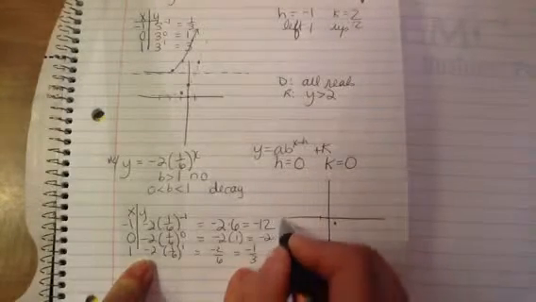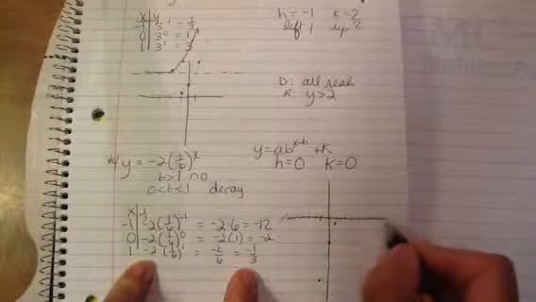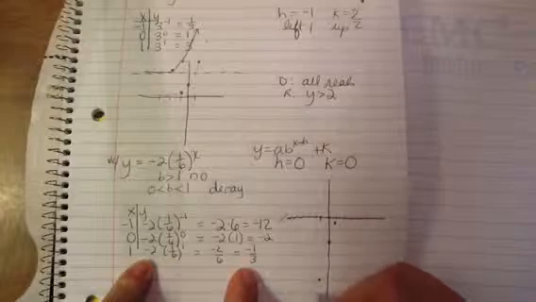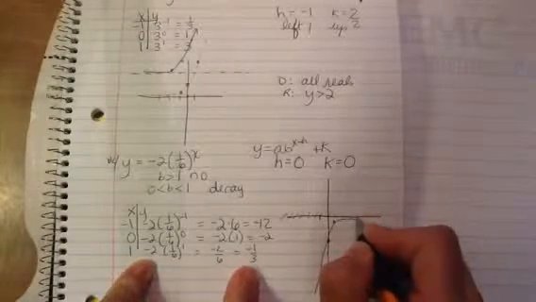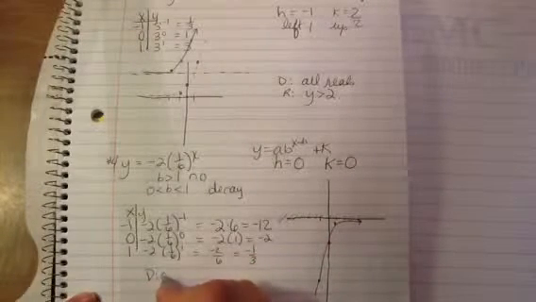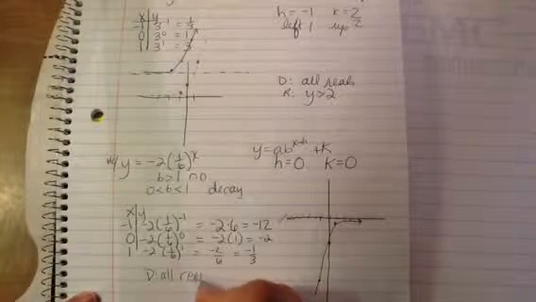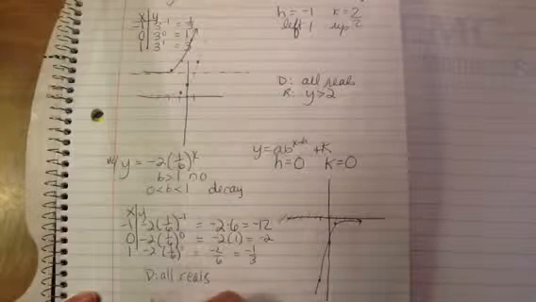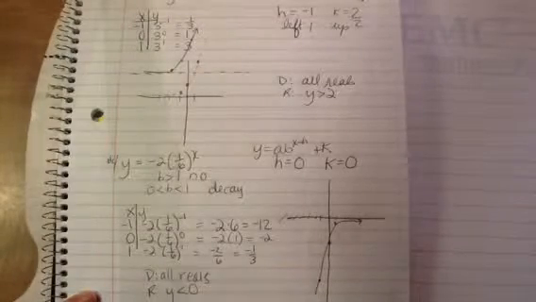Notice my k is 0, so this here happens to be my asymptote, okay? And now this graph is going to go like that. My domain for exponentials is always all reals, and my range is y less than 0.